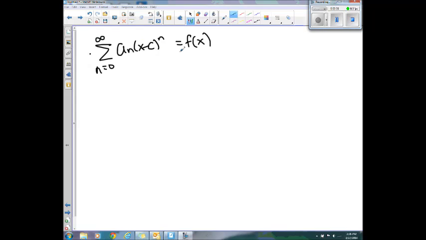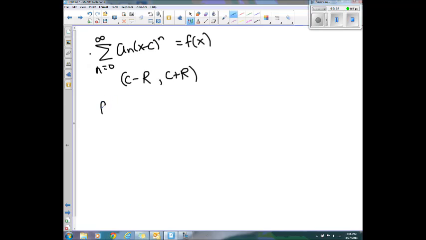Now, if we have a power series centered at c, and we call it f of x, then we know it converges on the interval of radius r. So on the open interval c minus r to c plus r, whatever that radius happens to be, it's going to be continuous, and a continuous polynomial is also differentiable.